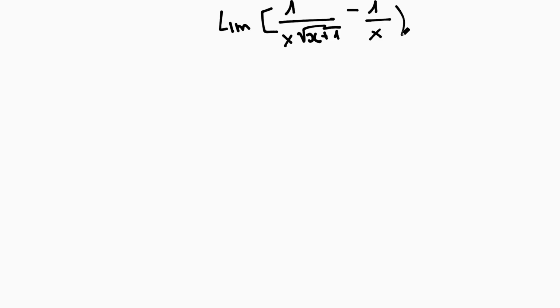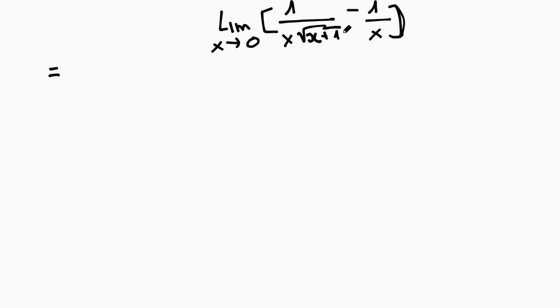The last example I have for you guys today is going to be the combination of rationalization and complex fraction. Minus 1 over x, when x approaches 0. As you realize, these are two fractions instead of just one.